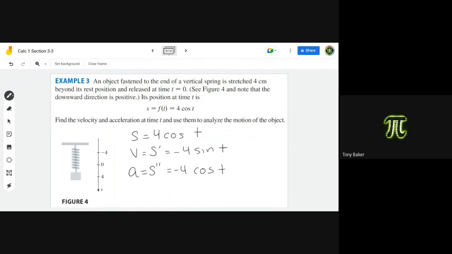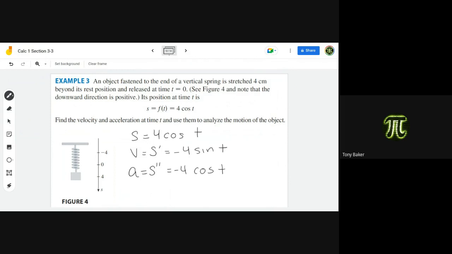So when is the maximum velocity? If we want the maximum velocity, we're looking for the peak of negative sine of t, right?